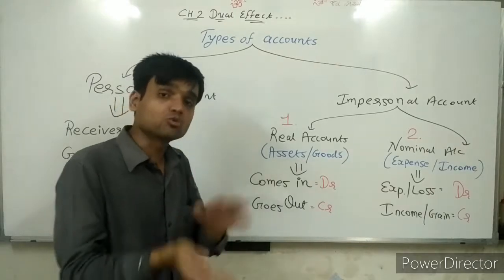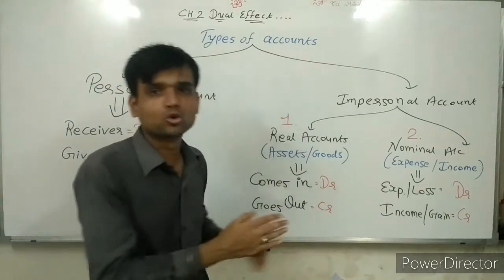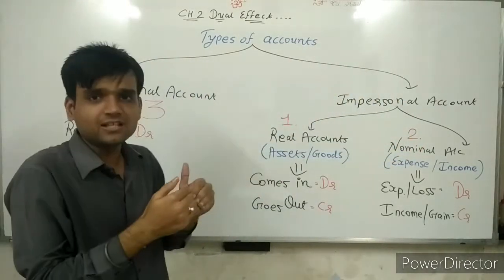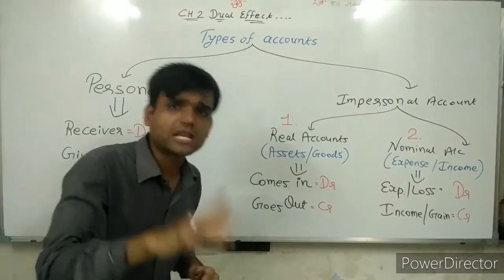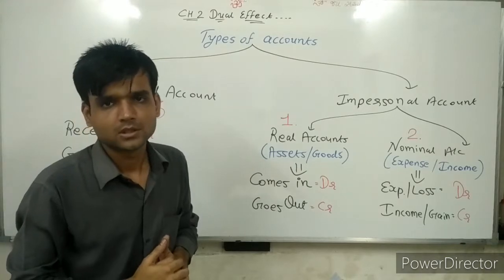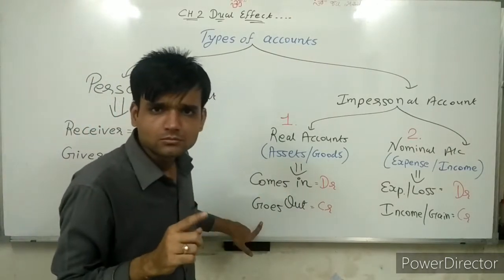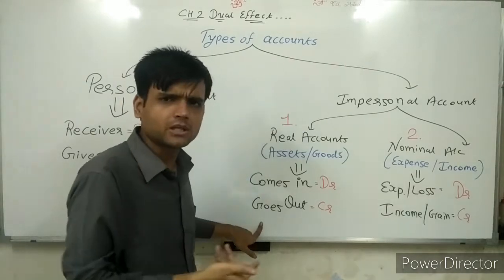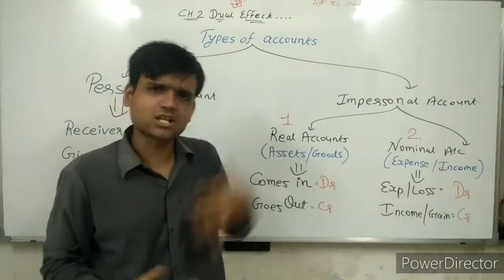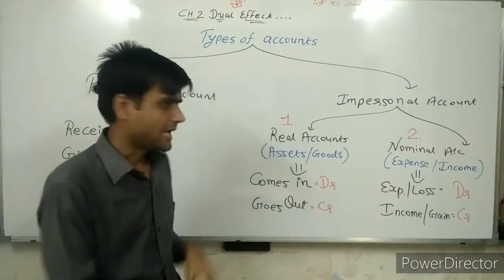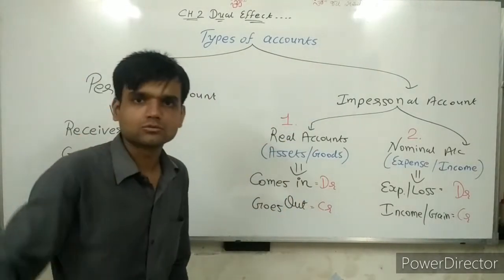In this way, we have to apply our rules. So cash comes in, cash account debit. Now think, does anything go out? No sir, Ranchod is giving, so nothing goes out. Cash comes in, that is okay. Nothing goes out, so nothing is credited as per the real account rule.